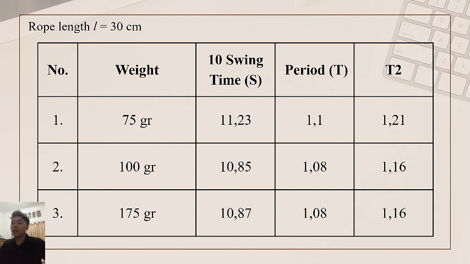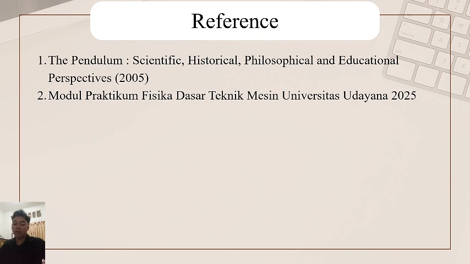Also, the 10 swing time is different and higher than table 2 and table 1. Table number 4 is 35 cm for rope length, and the 10 swing time is also different and higher than the previous table. And the last one is 40 cm for rope length, and the 10 swing times or period, and T squared are also different and higher than the previous table.